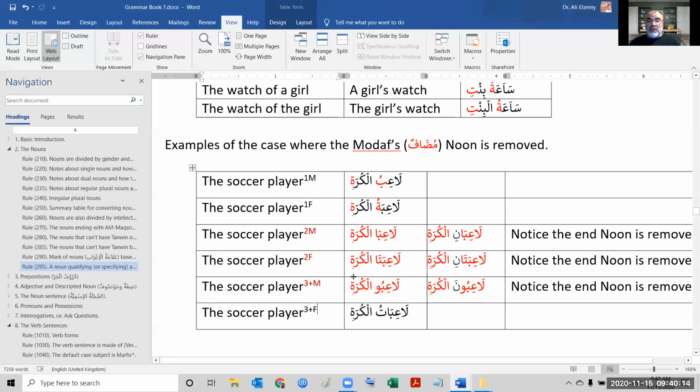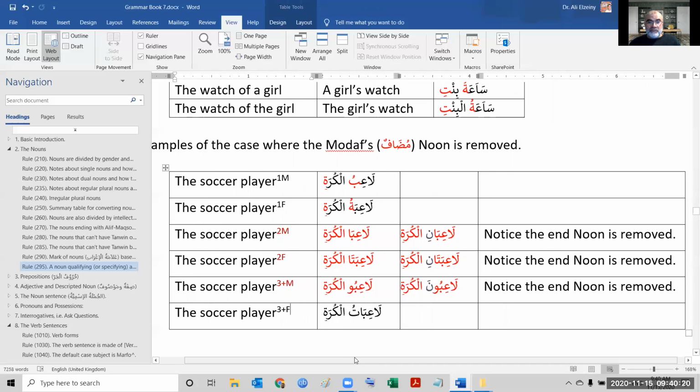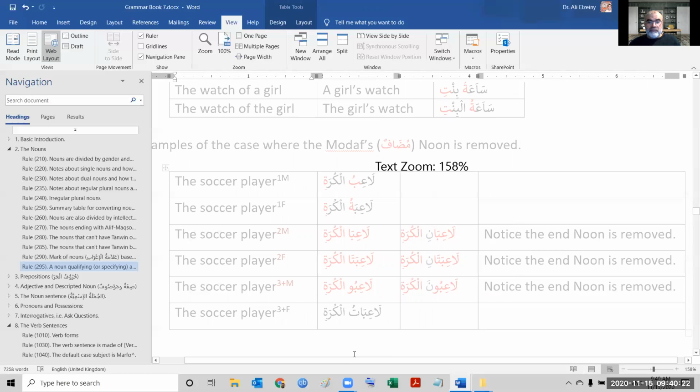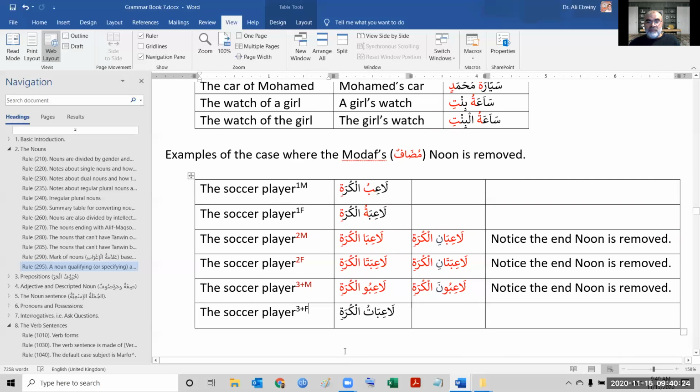is that we want to just teach one rule in here, and that rule is that the noun has to be removed only in 2M, 2F, 3 plus M. In these 3 scenarios, the noun must be removed.